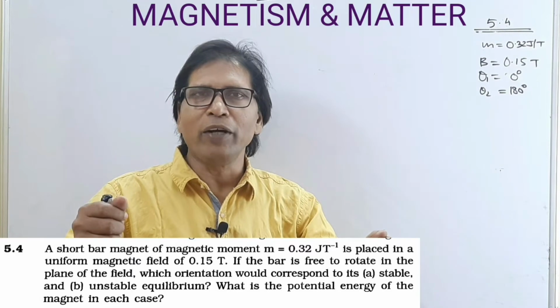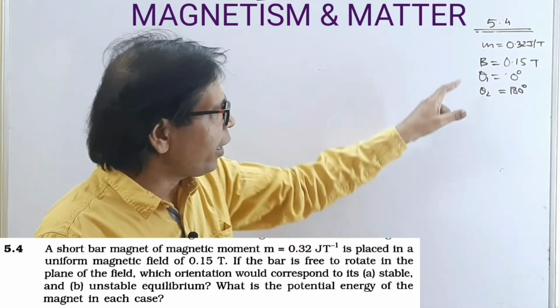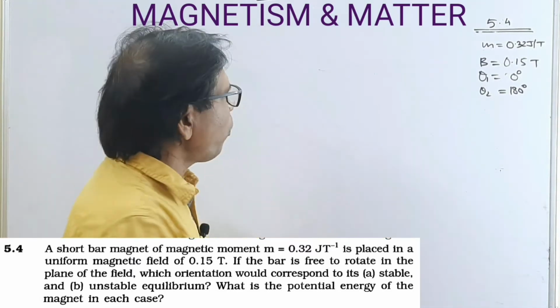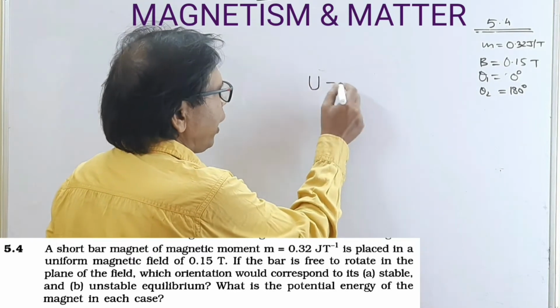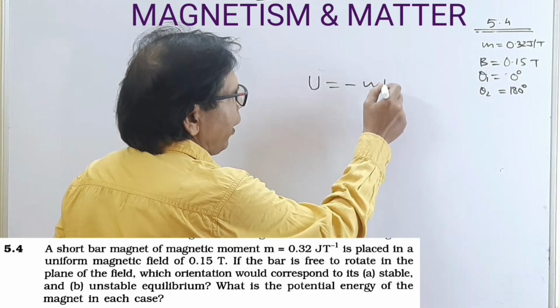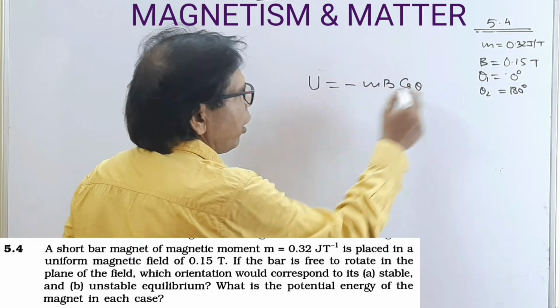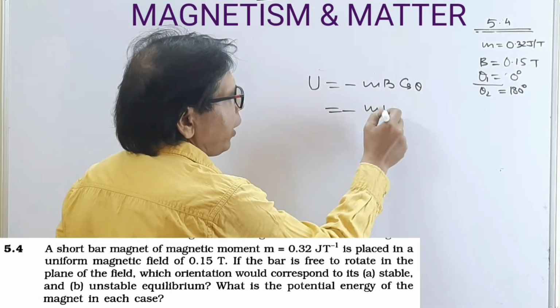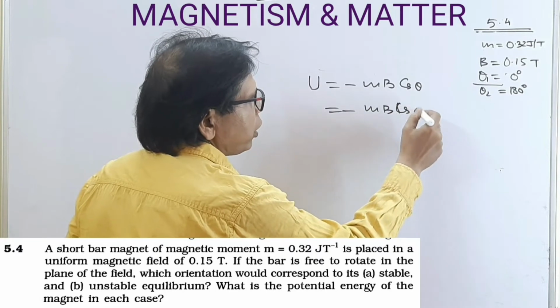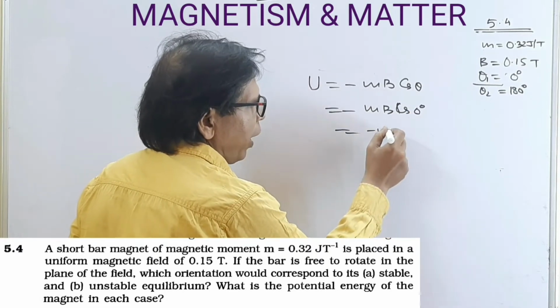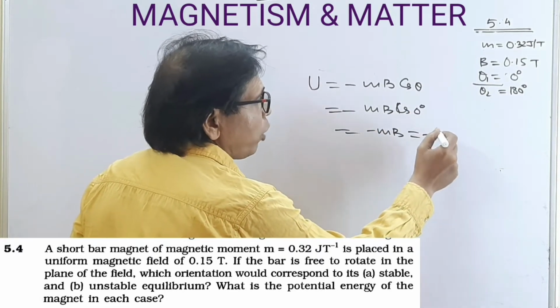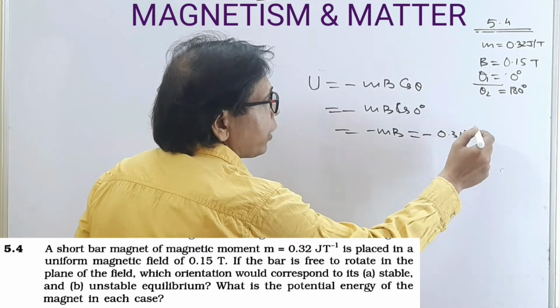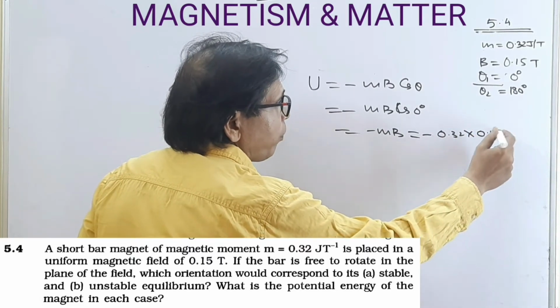We have to calculate the potential energy in above two cases. Now potential energy U equal to minus mb cos theta. So in the stable equilibrium, this is minus mb into cos 0 degree. So this is minus mb, m equal to 0.32, and this is 0.15.